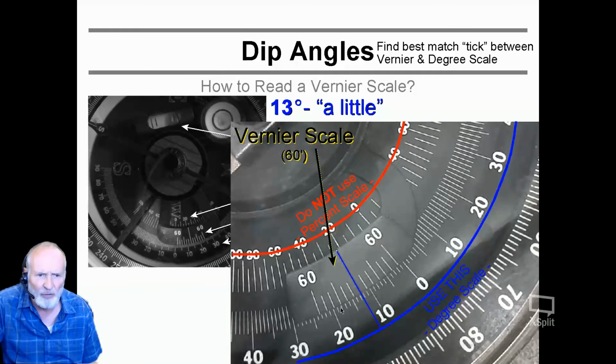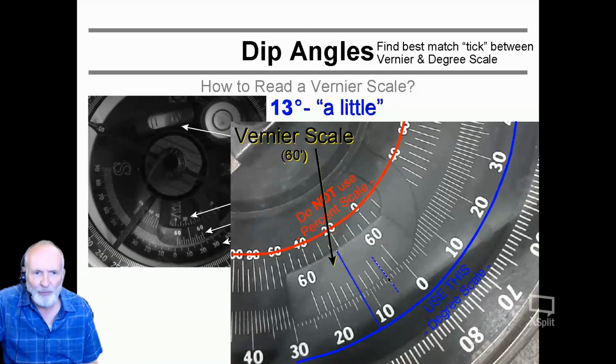Well, this one is close, but still offset. And these are more offset. Looks like I found one right here. See that? Perfect match. That's where these two line up. Perfect match. So what does that mean? Now you read the vernier scale. Remember, for the 0 line, the fat line, you use the degree scale.